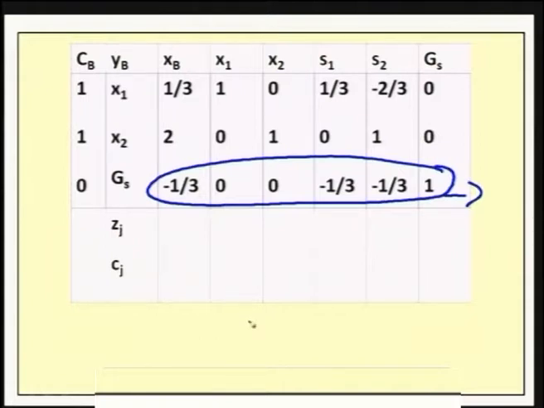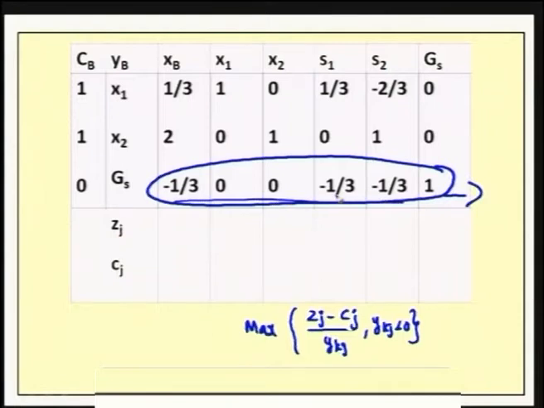In order to identify the entering variable, we have to compute the maximum value of Zj minus Cj by Ykj, where the Ykj value should be strictly less than 0. Now, in this row, the Ykj which is negative is minus 1 by 3, minus 1 by 3.